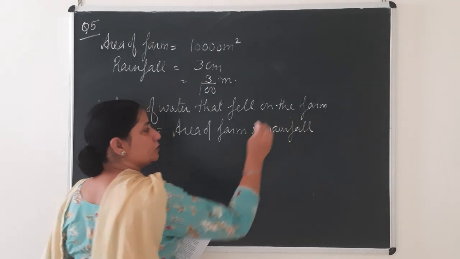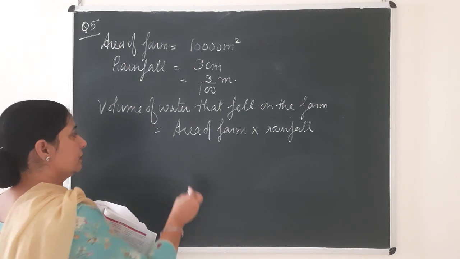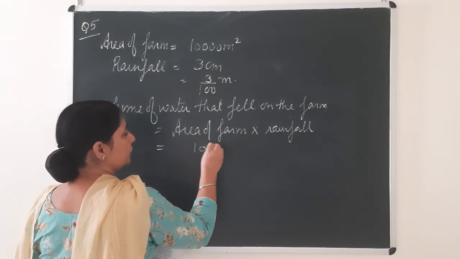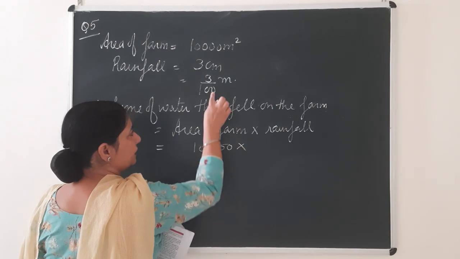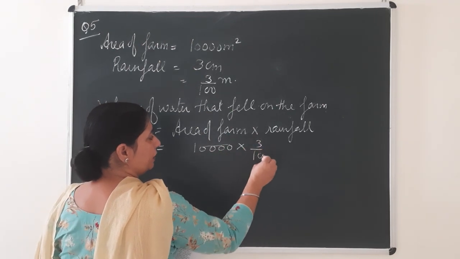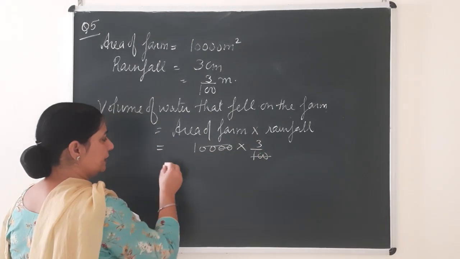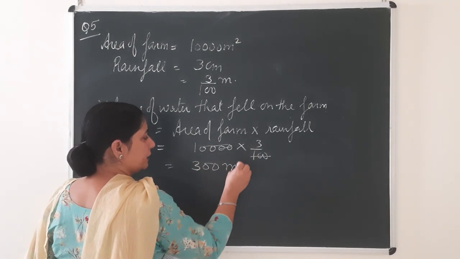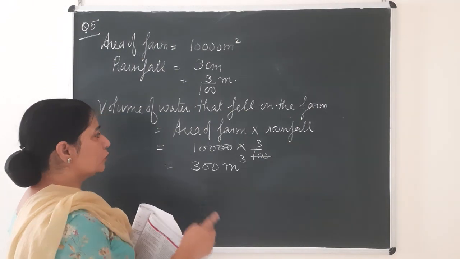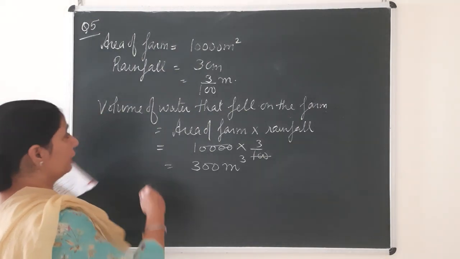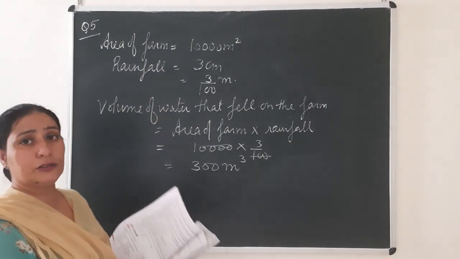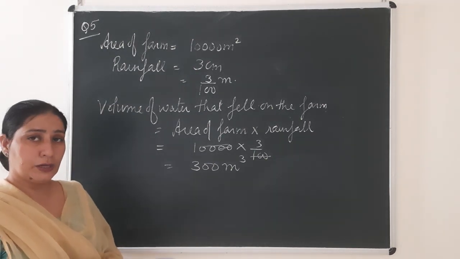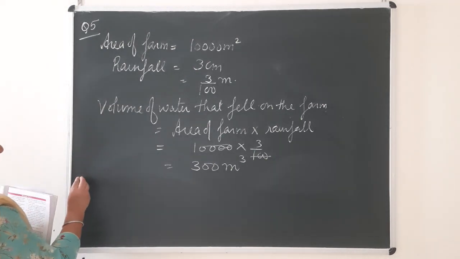So the area of the farm that is given to you is equal to 10,000. So when you multiply this 10,000 with 3 over 100, 2 zeros will get cancelled and you will get 3 into 100, that is equal to 300, and this will be in meter cube. So the volume of the water that fell on the farm will be equal to 300 meter cube. Clear, beta? Next, question number 6.